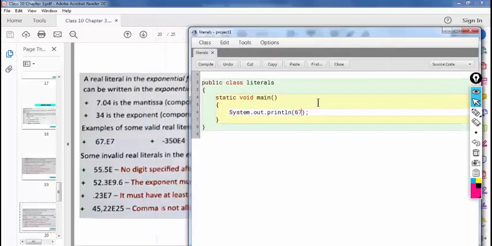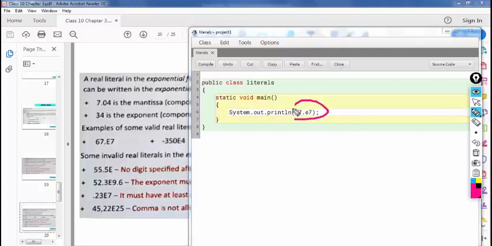So if I write 67.E7, and E can be either capital or small, it does not matter, what do you think the output for this will be? The question is, what is the output of this number here, 67.E7? Since it's a very big number, you'll have the output in exponential form, but it will not be 67.E7.